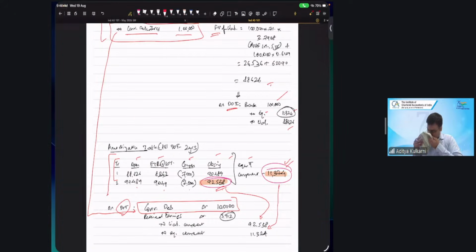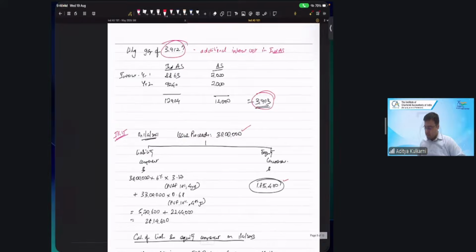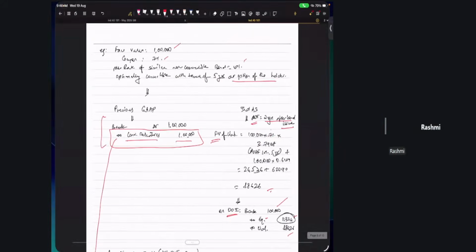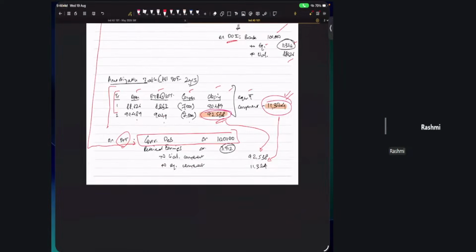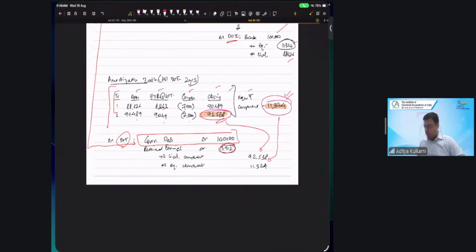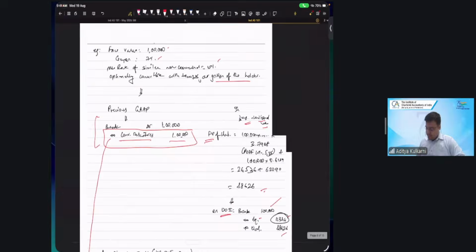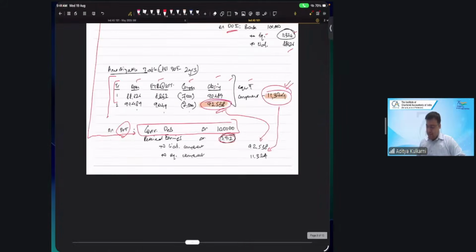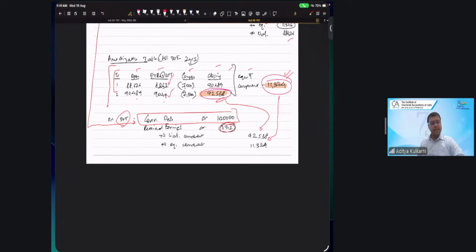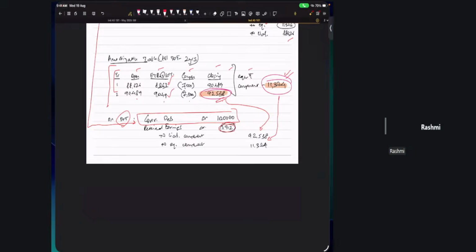Did you understand? The question comes, why do I have this gap of 3,912? Why is this gap there? See, what is the interest under Ind AS? 8,863, 9,049. Correct?